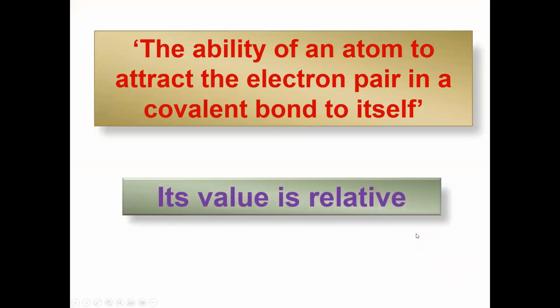The ability of an atom to attract the electron pair in a covalent bond to itself. This definition is there and its value is relative. Relative means it's not an absolute number. It is a relative number. It's a comparison number. You have to copy this.